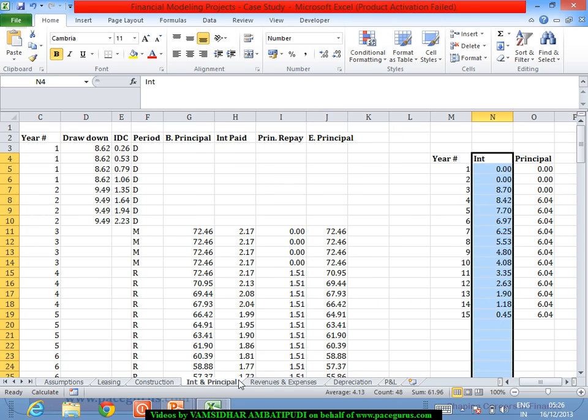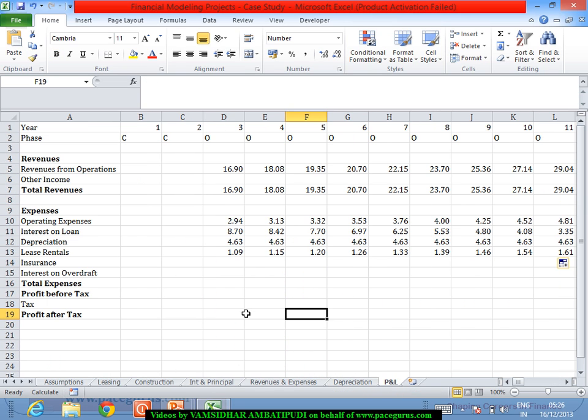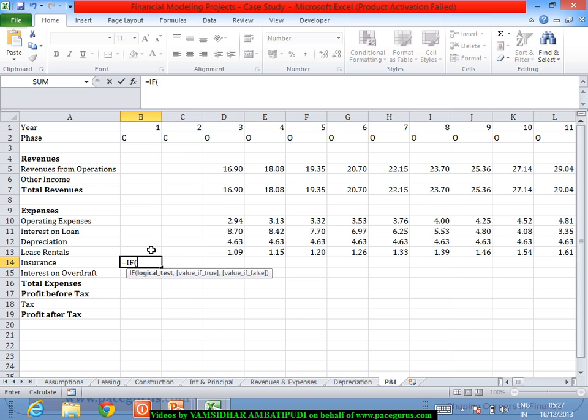So the same logic I'll apply for the insurance also. If this is equal to O, then only I am talking about the insurance as an expense, because for the first 2 years, whatever insurance is applicable, we have already figured it out as part of our construction costs.